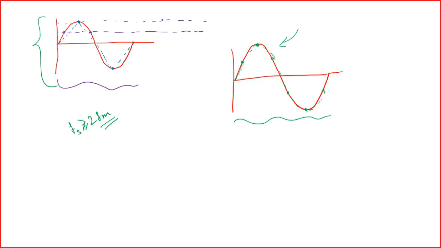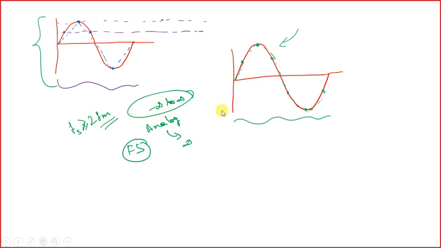Previously we have discussed in Fourier series that any analog signal consists of an infinite number of sinusoids. When you are having an infinite number of sinusoids, the frequency of those sinusoids may vary from minus infinity to infinity, so you cannot do anything.